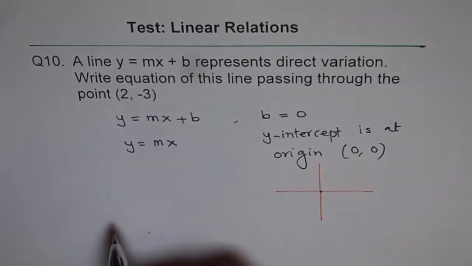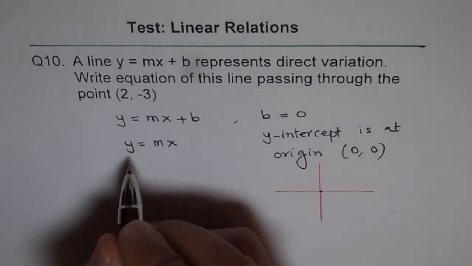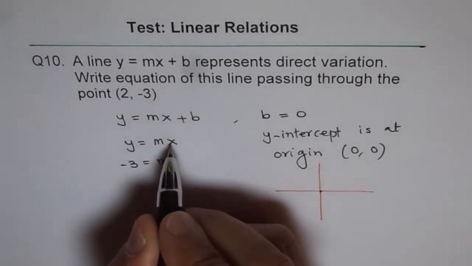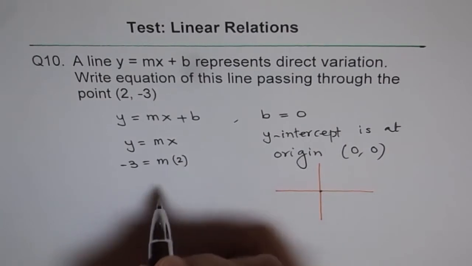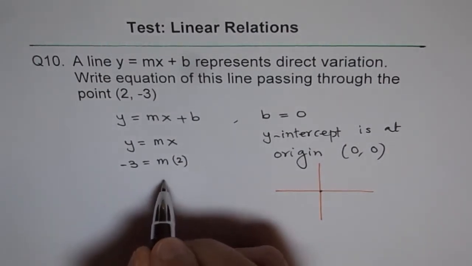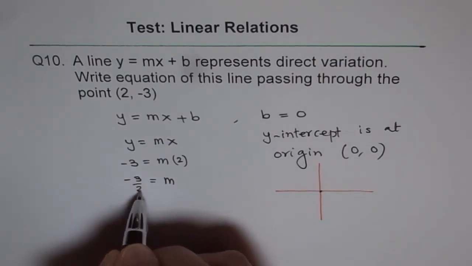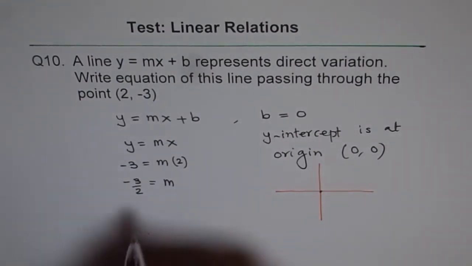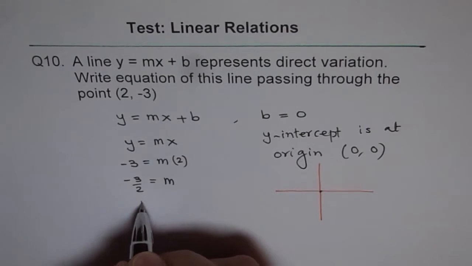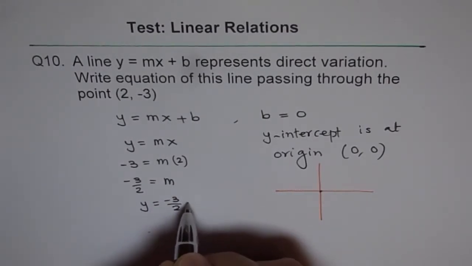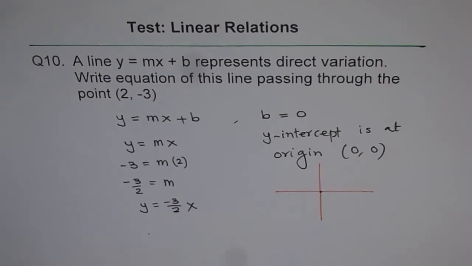That is one way to find it. Let's do it that way first. So we'll do -3 for y, m, and x is 2. So what is the slope m equal to? m = -3/2, right? And therefore, we get our equation as y = -3/2 x. So that becomes the equation of the line, correct?